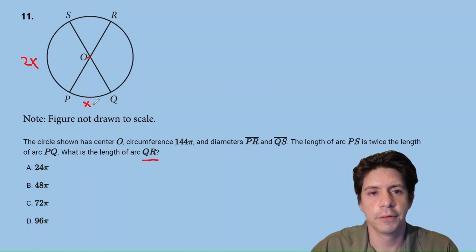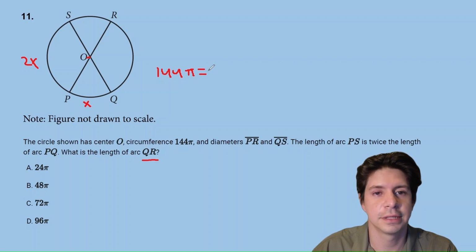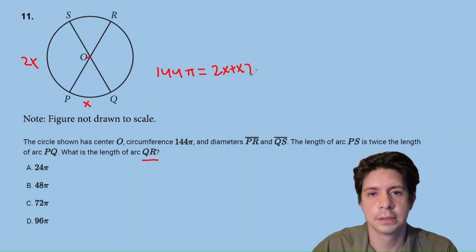What is the length of arc QR? So if the 144 is the whole circumference, then we do 144 pi equals, then we have 2x, x, that's half, so that's going to be 2x plus x, and let's say we're going to double that, right?